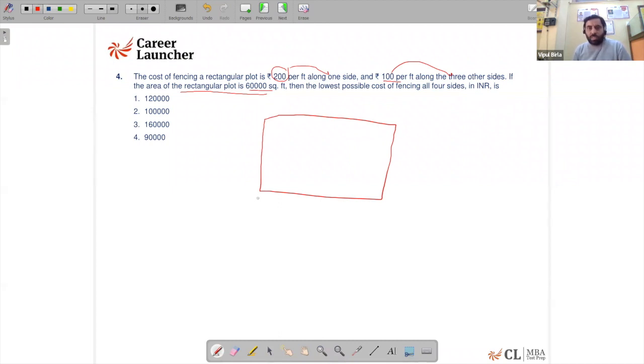Okay. Let's say the sides are A, B, C, D, right? And assume this length to be A and this to be B. Since I need to minimize the cost, let's say for this side, the cost is 200 rupees per feet, while for the other 3 sides it is going to be 100. Okay.